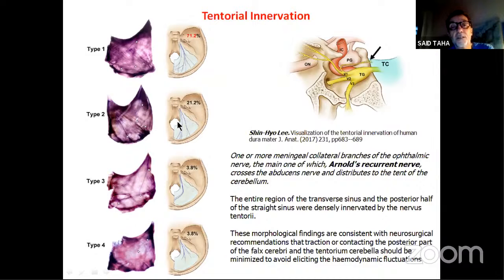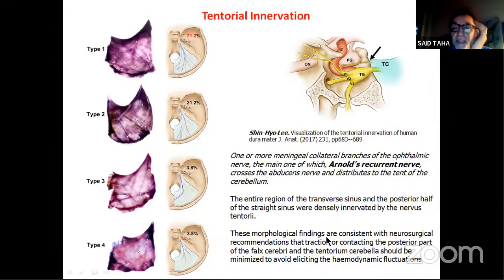In this study, we see that more than 80% of the innervation of the tentorium is located in the transverse sinus and the posterior half of the straight sinus.